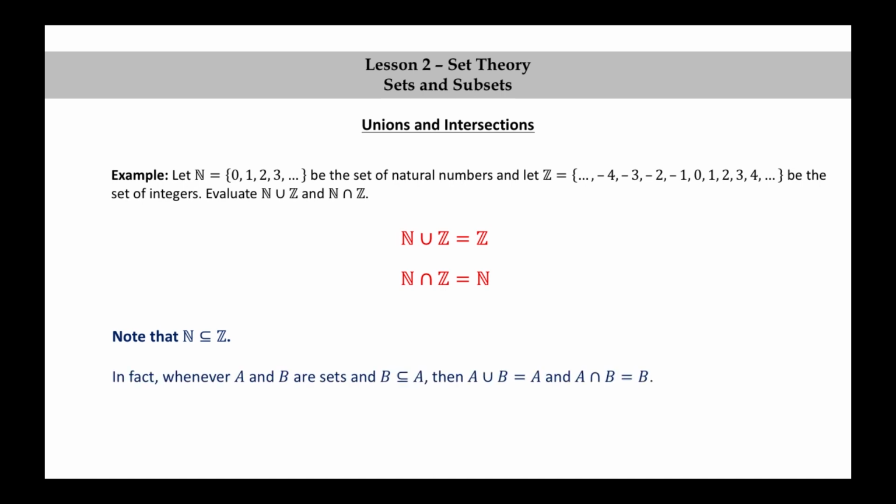In fact, whenever A and B are sets and B is a subset of A, then the union of A and B is equal to A, and the intersection of A and B is equal to B. That's exactly what happened in this example.